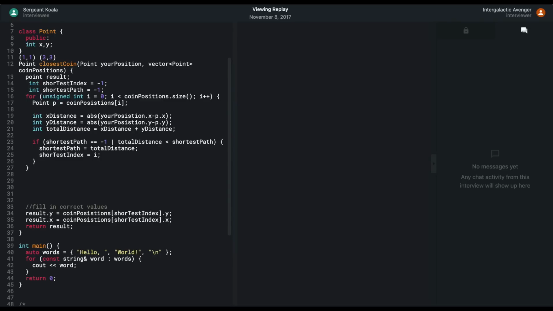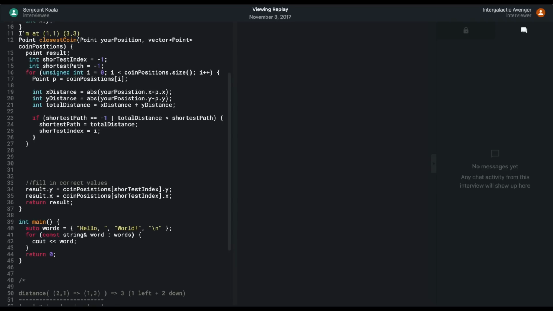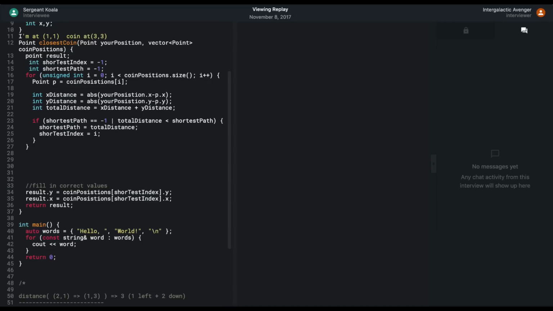So for example, in this case, I'm at 1-1 and coins at, let's say, 3-3 and 5-5. I'd go through and first have a coin at 3-3. And so I'd calculate the x distance would be my position 1-1.x, which is 1, minus 3, so I'd get -2, so I'd have an x distance of 2.